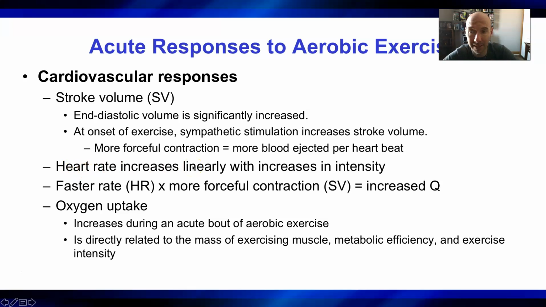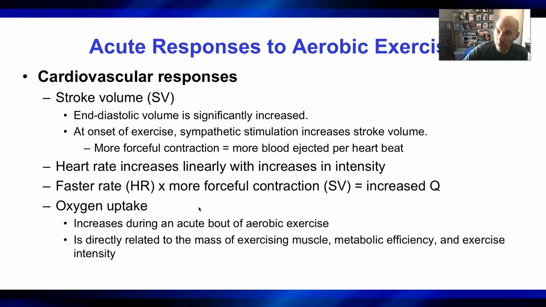Sympathetic nervous system also increases the rate of contraction, and therefore the heart rate is going to increase. And we say that increases in a linear fashion. And what that means is it's basically a straight line. As exercise intensity goes up, heart rate should increase in a linear fashion, and it should be, again, a nice slope that is consistent, okay?